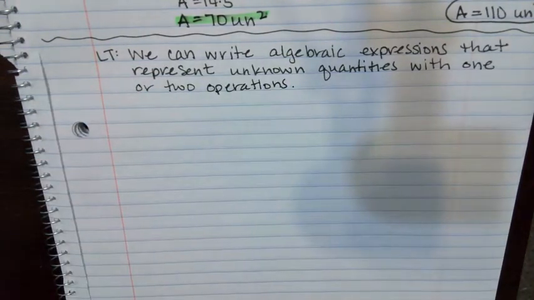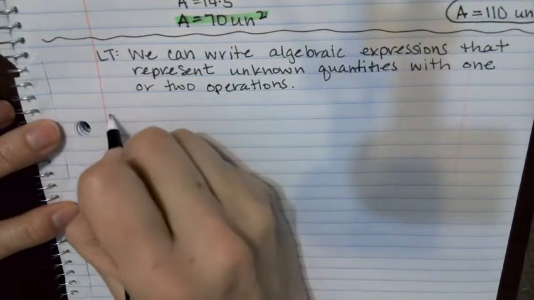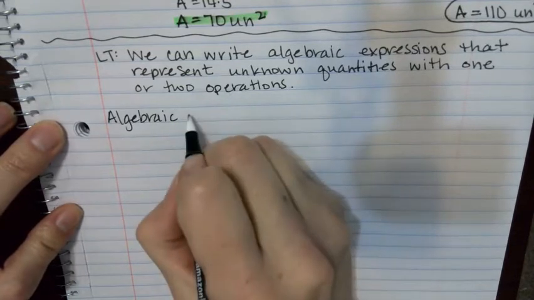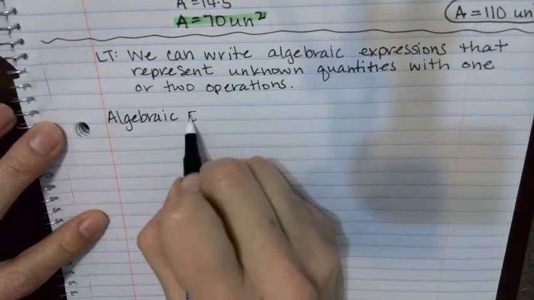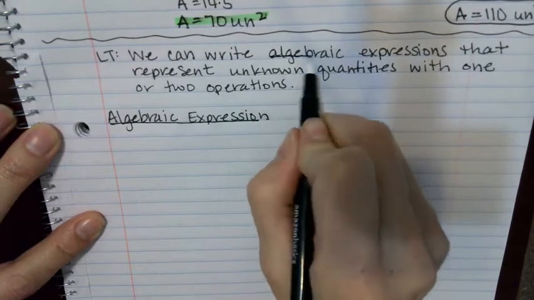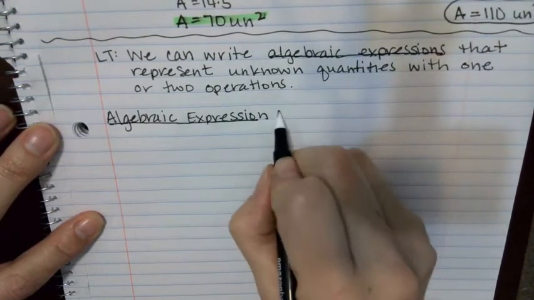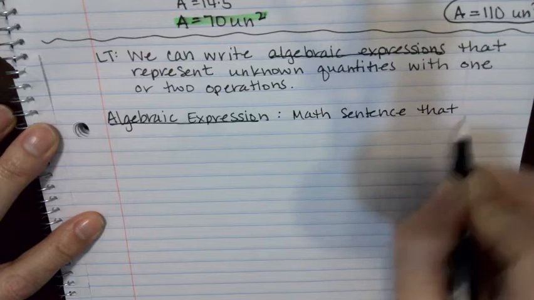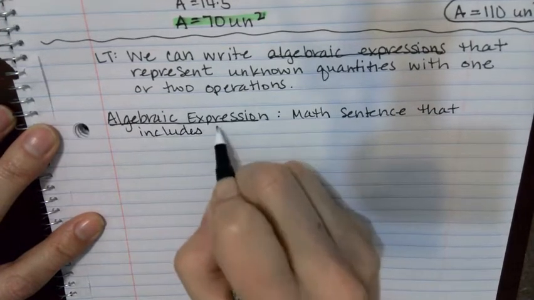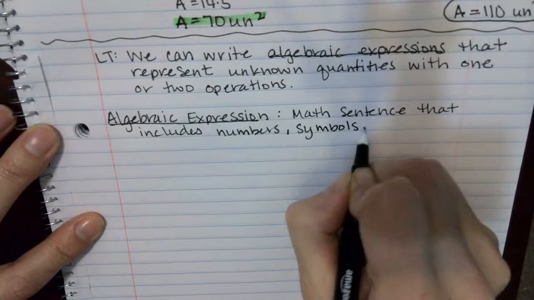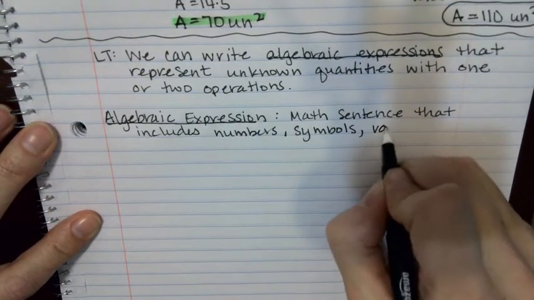If we want to quickly remember what an algebraic expression is, because that's an important word there: an algebraic expression is a math sentence that includes numbers and symbols, but what really makes it an algebraic expression is the variables.